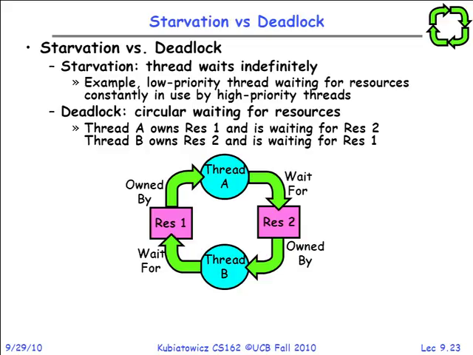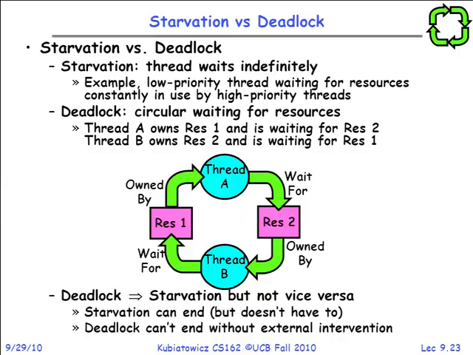So, deadlock is a type of starvation, not vice versa. Starvation can actually end. There's nothing that says that if you've got a starved situation, things won't change and eventually you make progress. Deadlock can't end because basically we need external intervention to fix this. Does everybody see that? Because what do I mean by wait for?